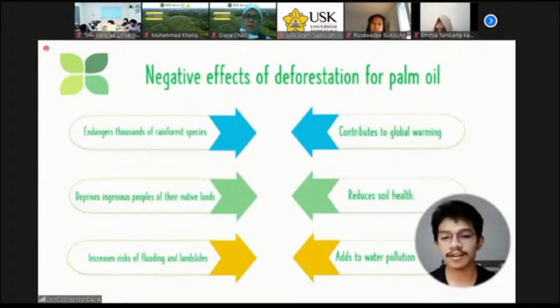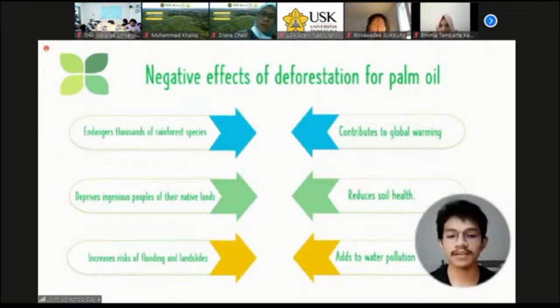Third, it contributes to global warming by increasing GHG emissions due to carbon release, particularly after slash and burn practice. In addition, shocking fumes of burning forests poison people and nature.